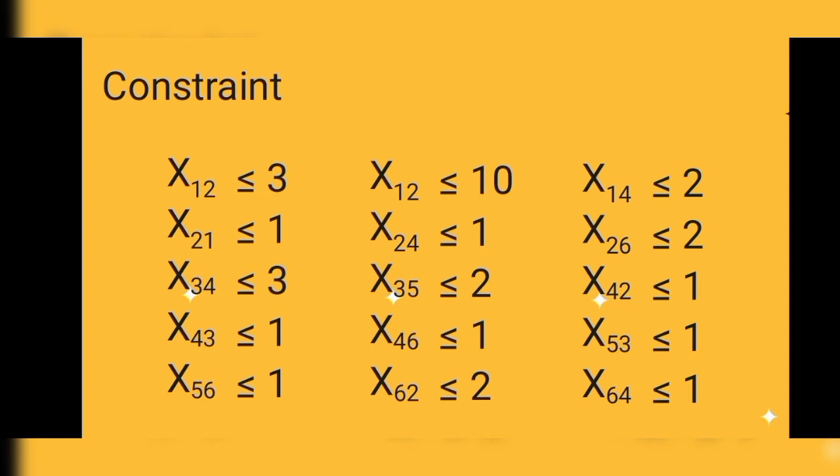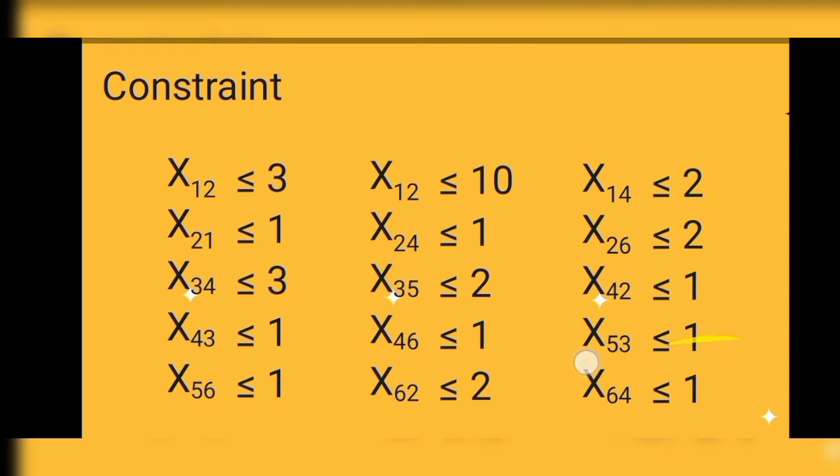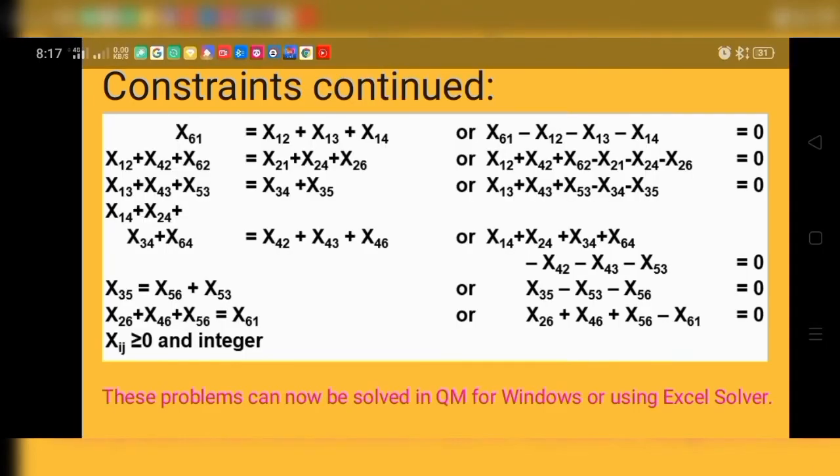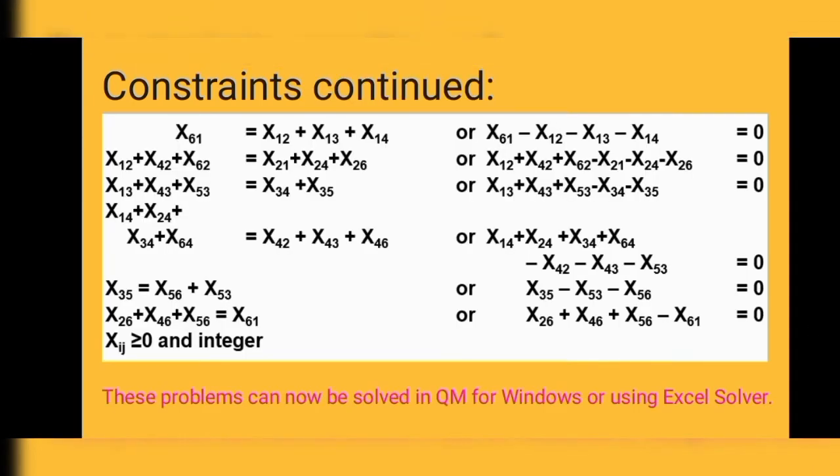And next are the conservation constraints. The flow conservation constraint is valid for nodes other than the source. So the total flow flowing into a node is equal to the total flow flowing out of the node.